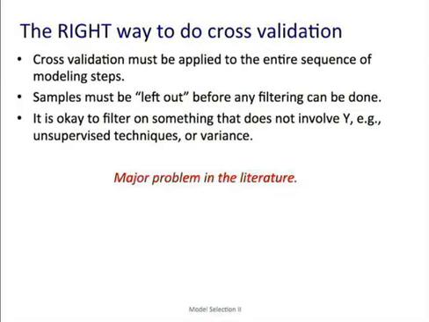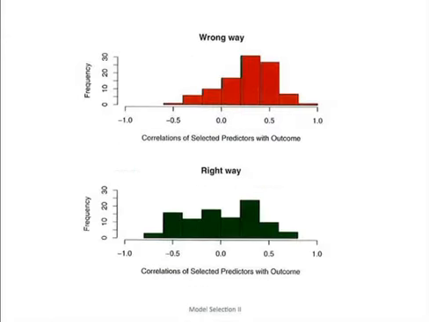So what are we going to do? This is kind of the wrong way. If you have your histogram or frequency of your sets of predictors, with a large P you can kind of see this shift, right? So what you'd like is kind of this uniform distribution.